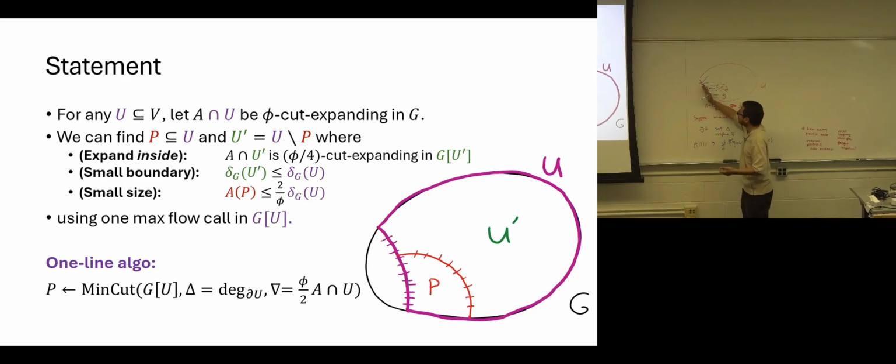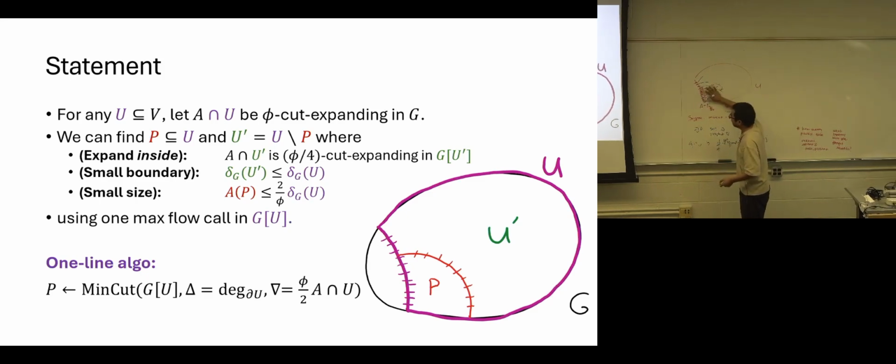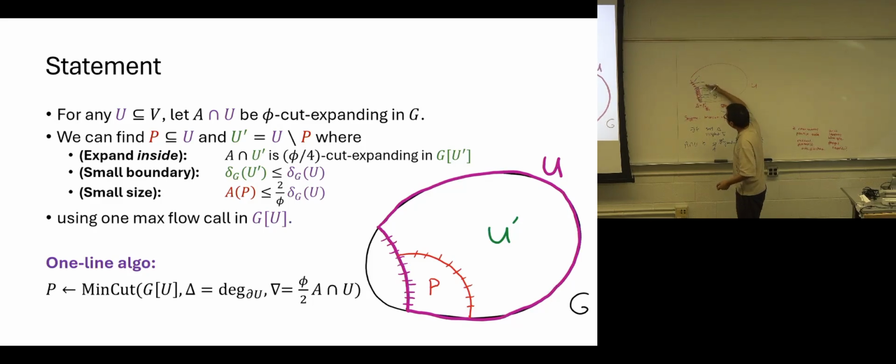The flow needs to go somewhere. It can be absorbed here just a bit, but it cannot even go out. So that's impossible. That's the intuitive reason why there must be no sparse cut. Okay, so take that intuition. Now we prove it formally.